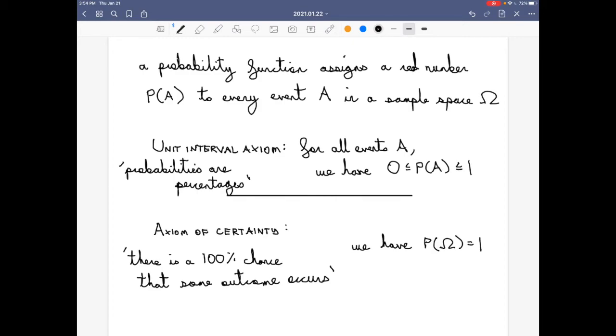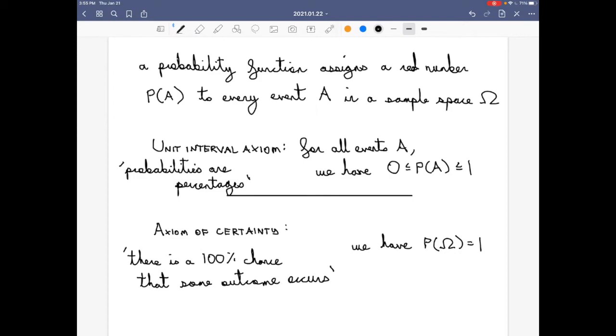It's a subset of itself, and so we can plug the sample space itself into the probability function and ask it, what's the likelihood of the whole sample space? And the axiom of certainty says, well, the likelihood of the whole sample space is 1, because when we defined the sample space, we said that it contained all the possible outcomes.